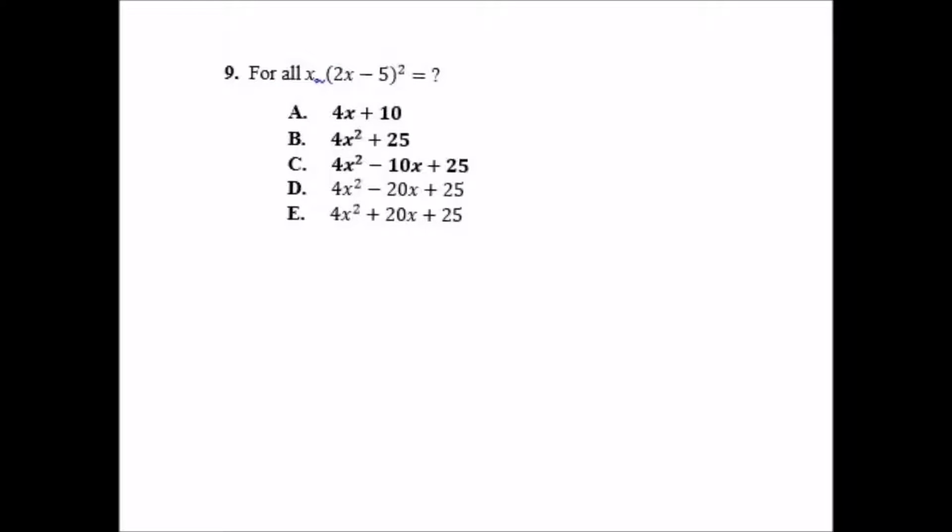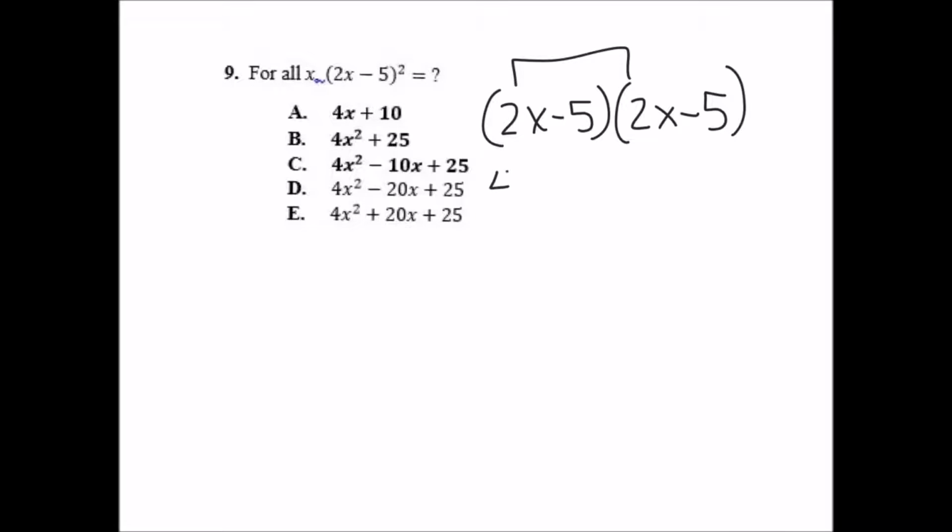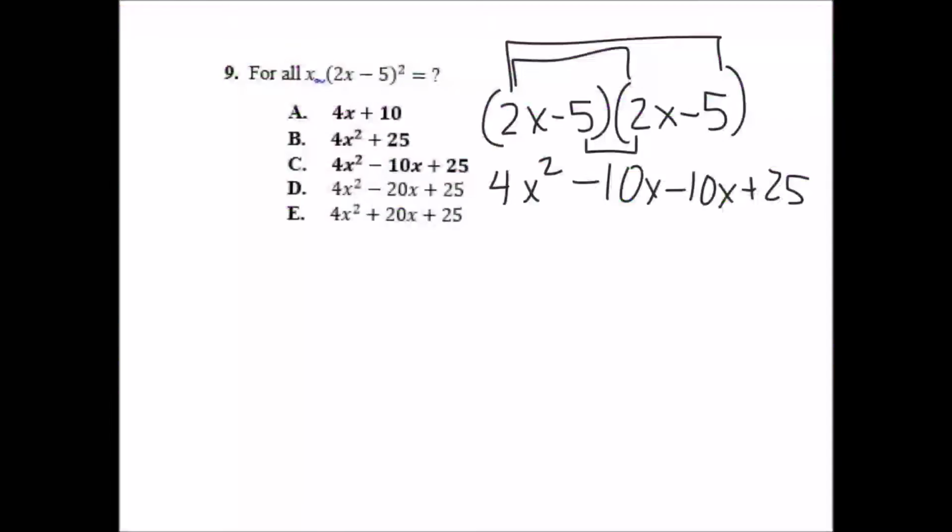Here's a similar problem for all numbers of x and of any value. 2x minus 5 squared equals what? We can simply set this up as distributive property. Using the FOIL method, we get 4x squared minus 10x minus 10x plus 25.